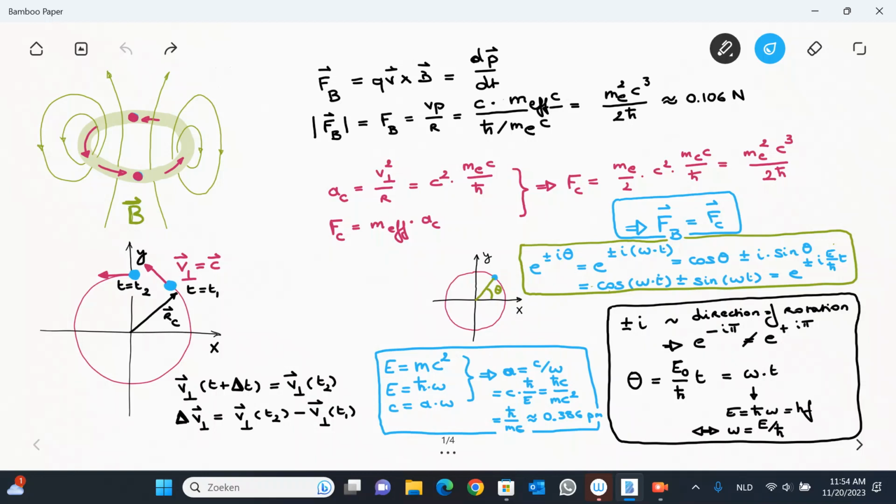So if we calculate that according to classical electromagnetic theory, the Lorentz force, which combines electric and magnetic force, we can write the Lorentz force as Q times V times B plus Q times E. So we only have magnetostatics here.